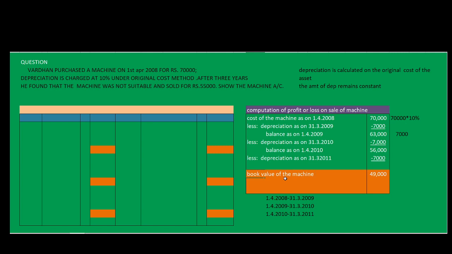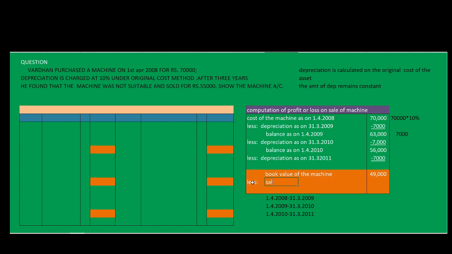Now after getting the book value, he found that the machine was not suitable and sold it for rupees 55,000 after utilizing it for 3 years. So we are selling it now. Whenever you sell that asset, you have to subtract the value from the book value. The sale value must be deducted from the book value so that you may get profit or loss.